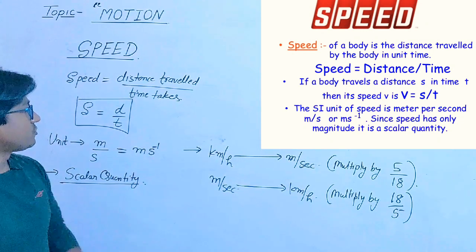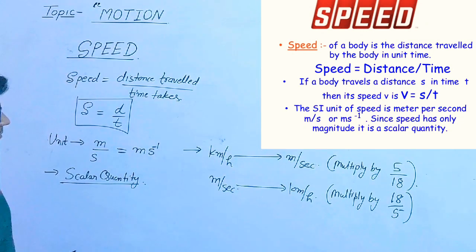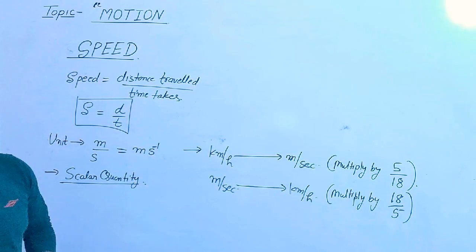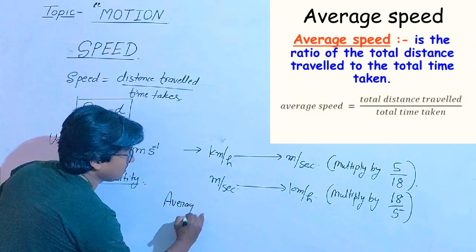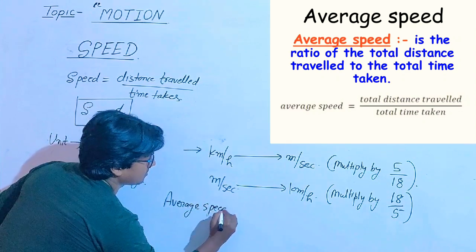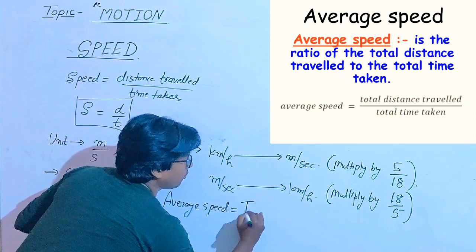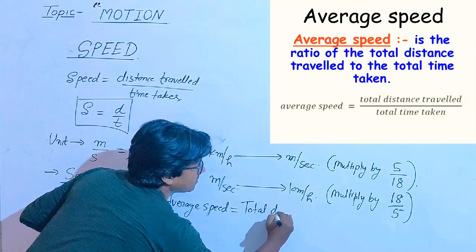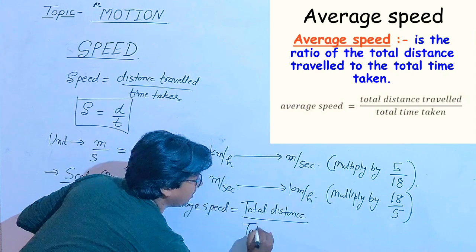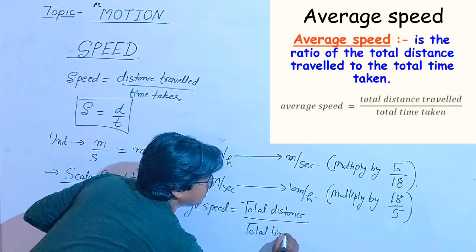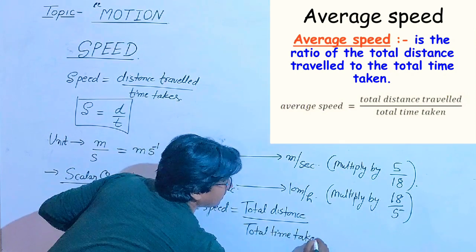So hope these points are clear. And one thing more, what is average speed? Average speed is total distance upon total time taken.